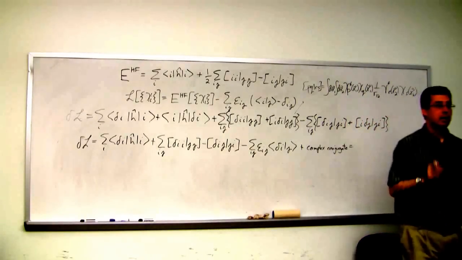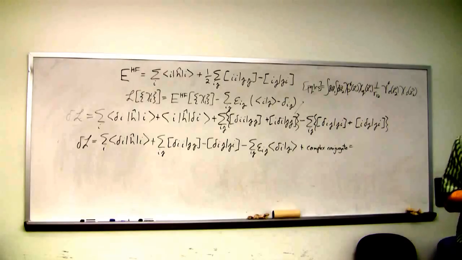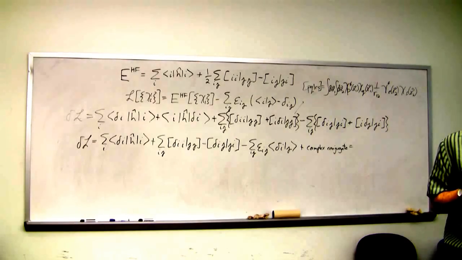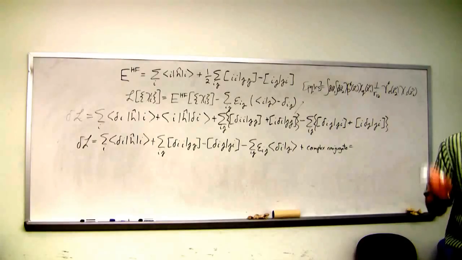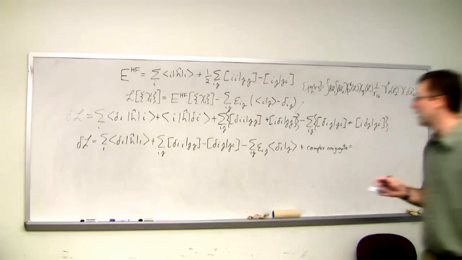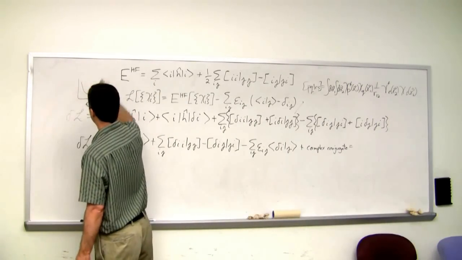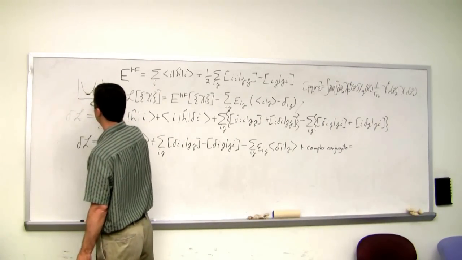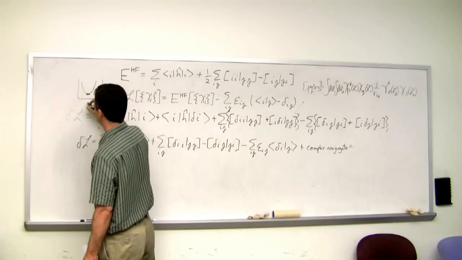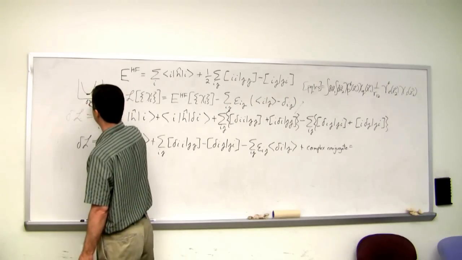And if I'm at the minimum, what does delta L need to equal? 0. Because I'm at the bottom of some well. And I'm down here, so if I make some little tweak in chi's, this is maybe delta chi or something.